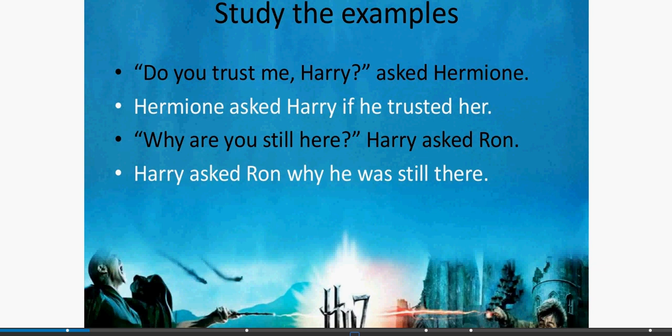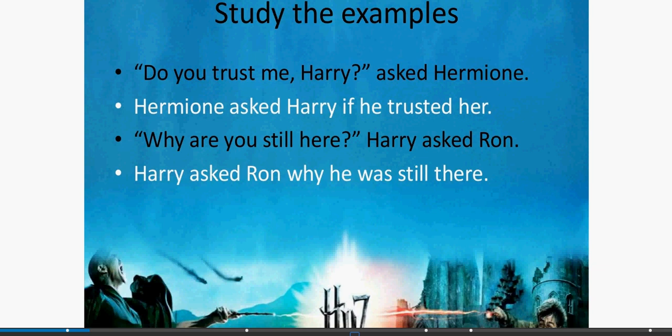This type of question, we call it a yes-no question. It starts with do, can, will, should, shall, and so on. We use if to connect what is outside the brackets and what is inside. So we use if, then we change the pronoun "you" in "do you" to "he", right? Trust me, Harry, so: if he trusted her.